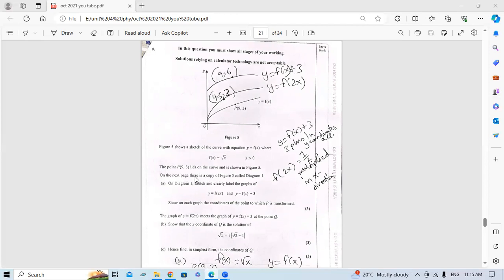On the next page, there is a copy of figure 5 called diagram 1. On diagram 1, sketch and clearly label the graphs of y equals f(2x) and y equals f(x) plus 3. f(2x) means a horizontal stretch by a factor of 1 by 2 in the x direction, and f(x) plus 3 means shift by plus 3 in the y direction.